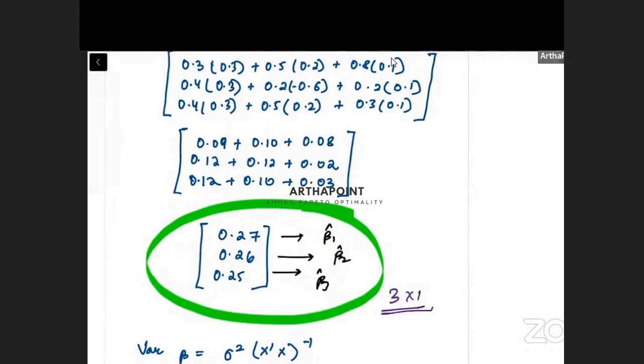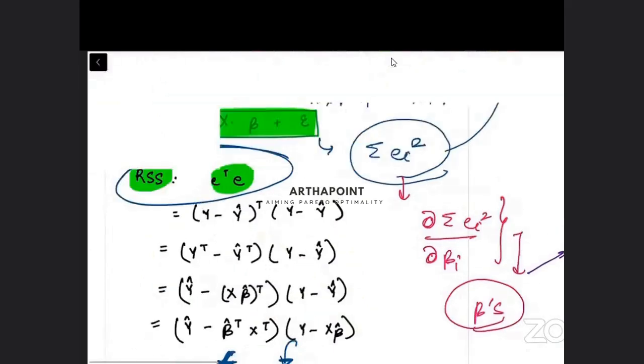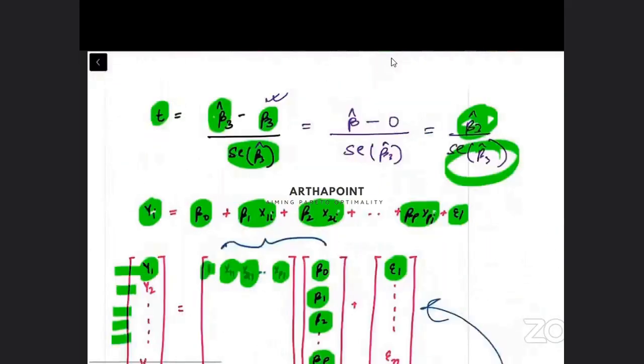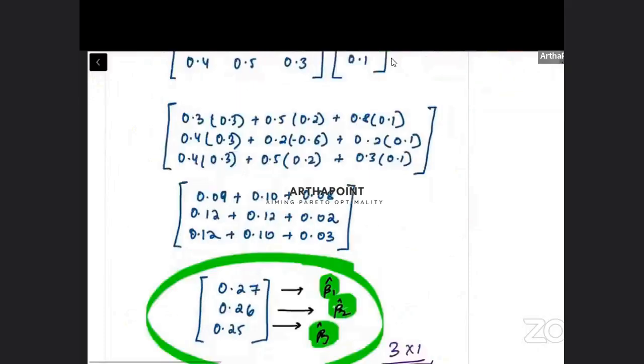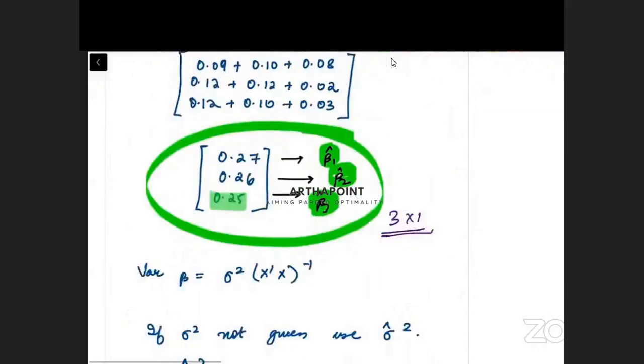In it the first value will be beta 1 hat, then beta 2 hat, and third will be beta 3 hat. So actually, the t value that we were calculating here, its numerator we have found out. This beta 3 hat, I have found out as 0.25.